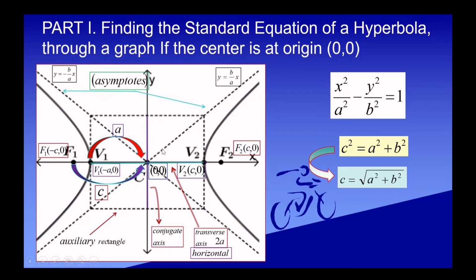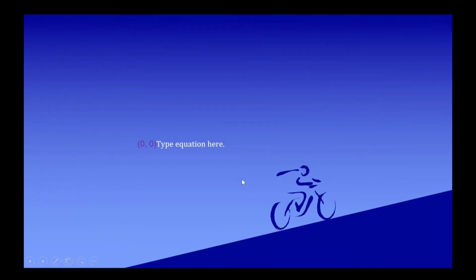In the conjugate axis, above the midpoint is b, and below the midpoint is also b, so equivalent to 2b, and vertically aligned. Yan ang ating lahat ng essential parts of the hyperbola.